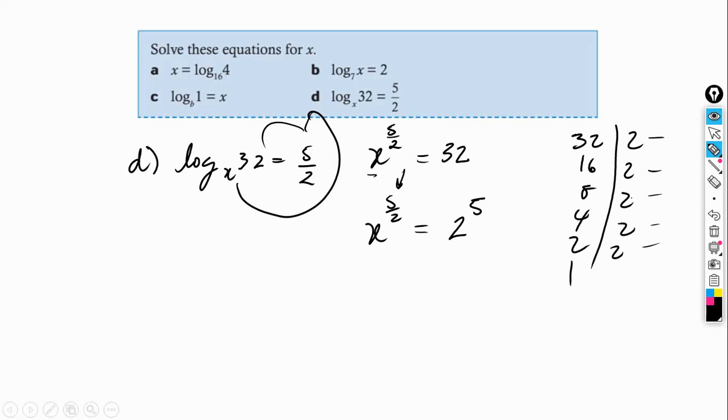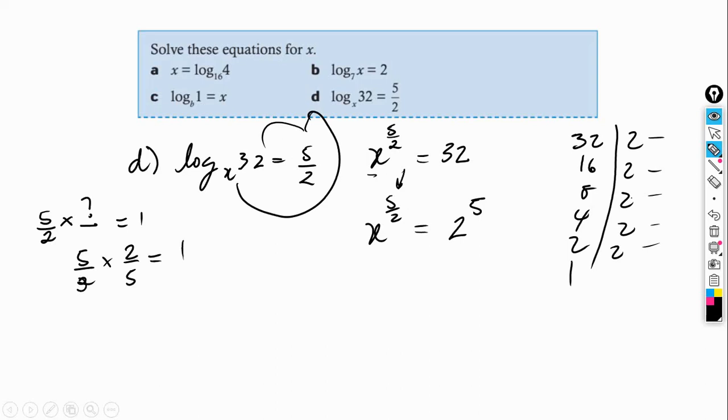So how do we do that? Well, this can be done by using a simple trick. Ask yourselves, what number multiplied by 5/2 is equal to 1? Well, that number would be the reciprocal. So what is the reciprocal? Well, the reciprocal is the same number, but backwards, because 5/2 times 2/5 is equal to 1.